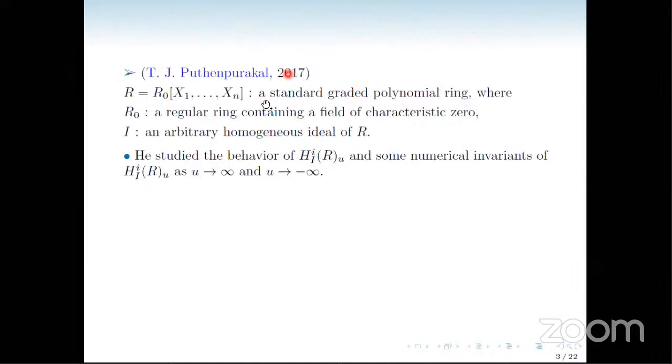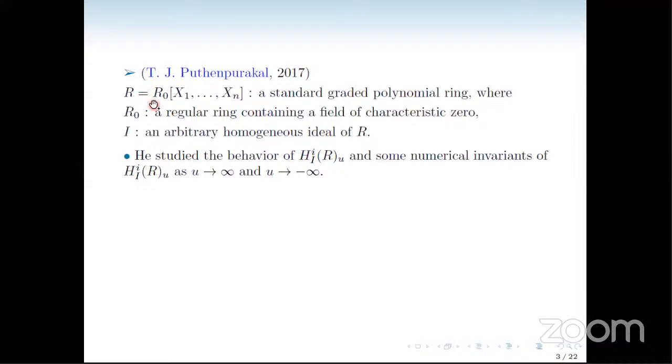Hutun Purakar studied these local cohomology modules, and he observed that they are particularly well behaved under this setup. So he considered a standard graded polynomial ring over a regular ring containing a field of characteristic 0, and considered I to be an arbitrary homogeneous ideal in R. He mainly studied the asymptotic behavior of its graded components. And here, as I have stated at the beginning, over regular rings, local cohomology modules have certain finiteness properties.